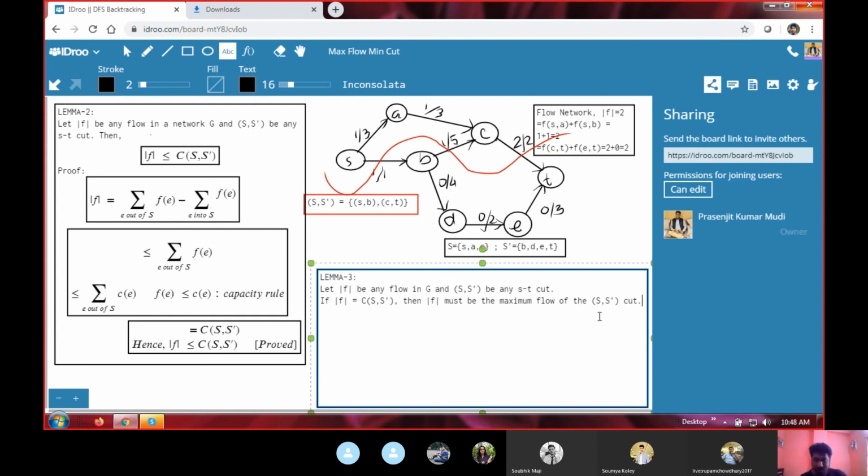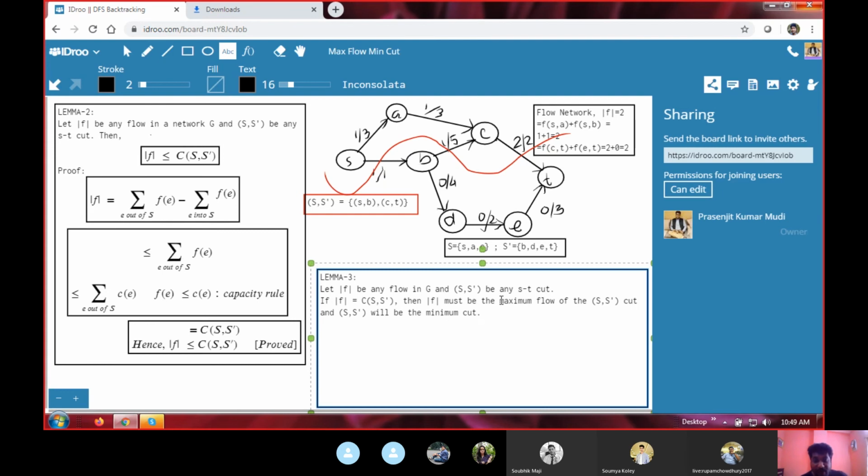It's a very important thing. Maximum flow of the cut and S prime will be the minimum.